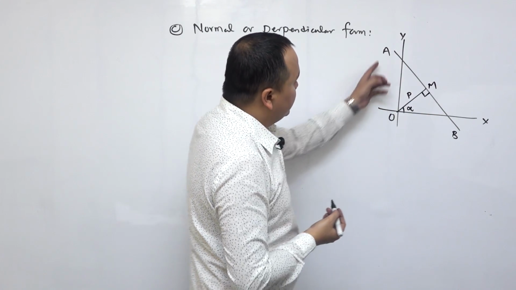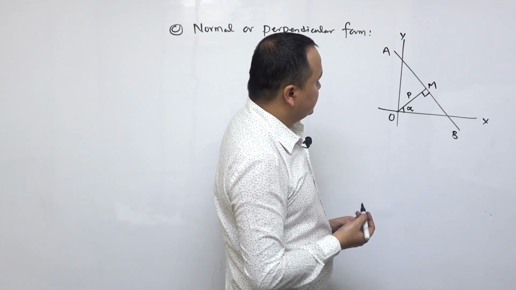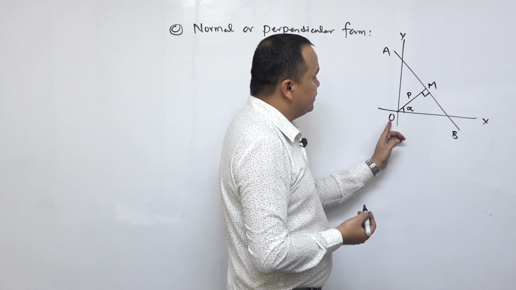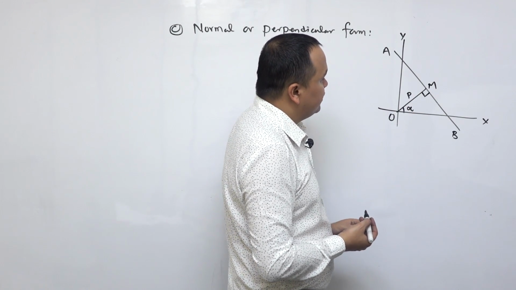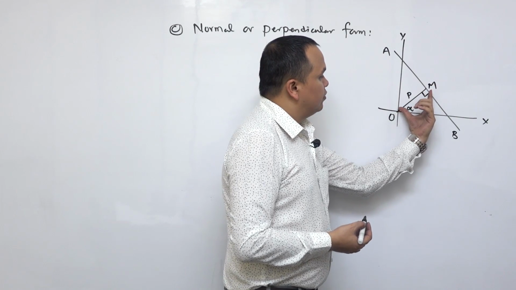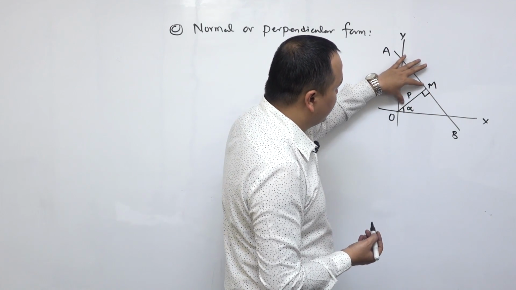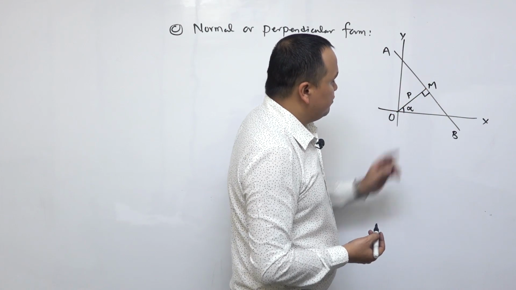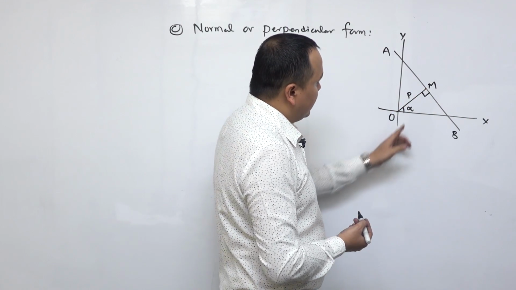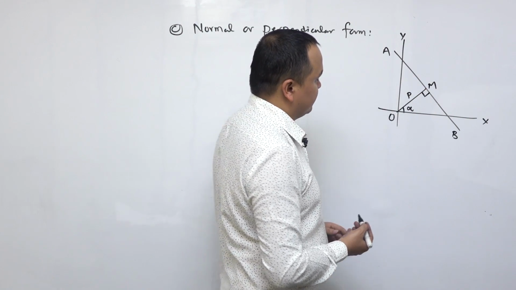Here AB is the straight line such that the length of perpendicular from origin on the straight line AB is OM, which is denoted by P. Length of OM is P, and OM makes an angle alpha with positive x-axis.